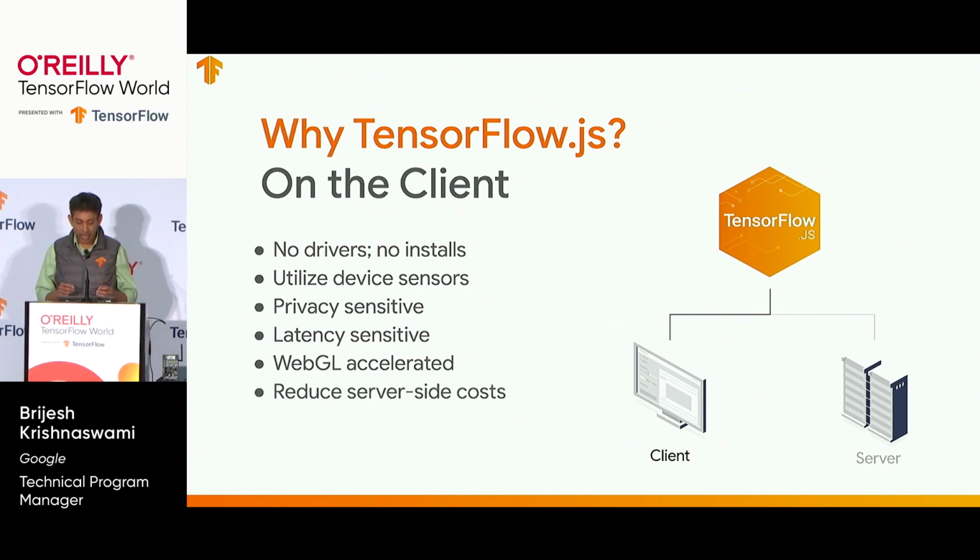Also, running ML on the client helps reduce server-side costs and simplify your serving infrastructure. For example, no online ML serving that needs to scale to increasing traffic and so forth is needed because you're offloading all your compute to the client. You just host a ML model from a static file location, and that's it.